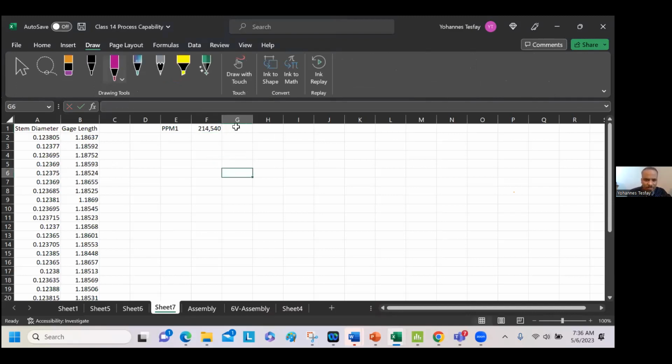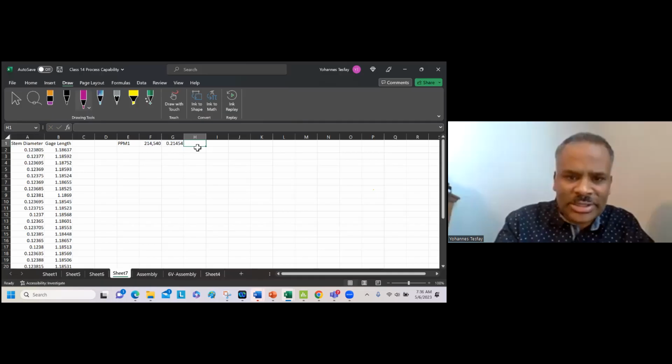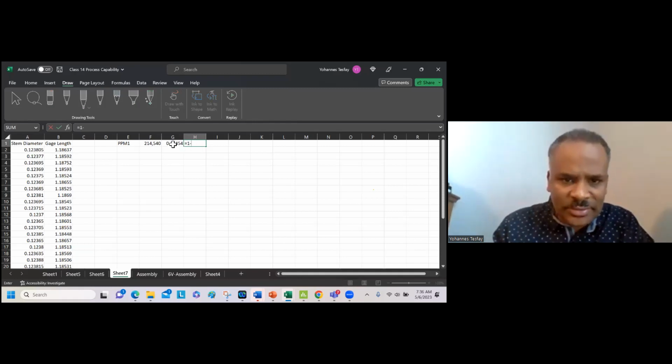That's the ppm. So probability of failure is this one divided by 1 million. This is the probability of failure. And probability of success, P, is equal to 1 minus this value. You see, that's the probability of success.